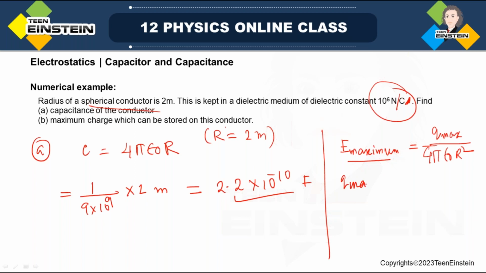So Q max will be E max into 4 pi epsilon naught r squared. E max is here 10 to the power 6 newton per coulomb, and 1 by 4 pi epsilon naught is 9 into 10 to the power 9, into r squared. r squared is 4.